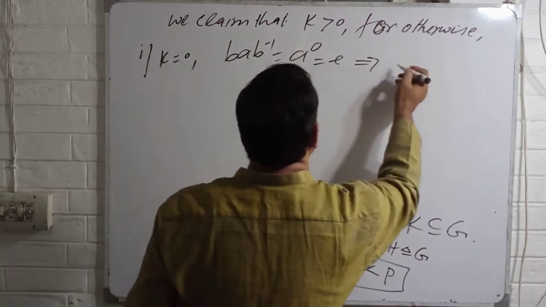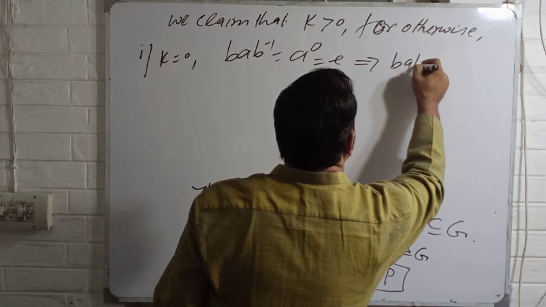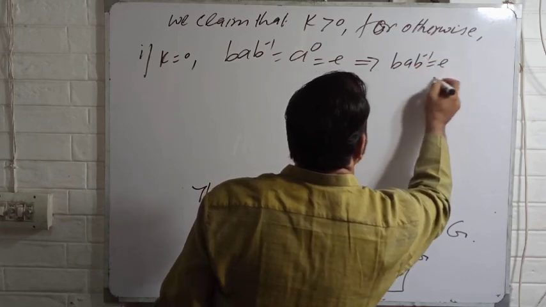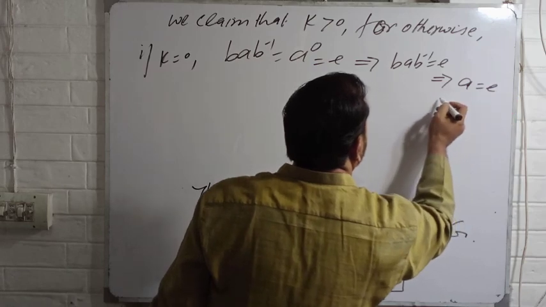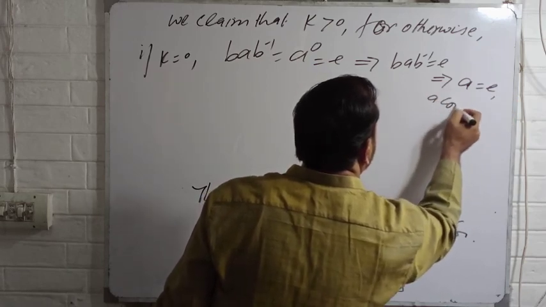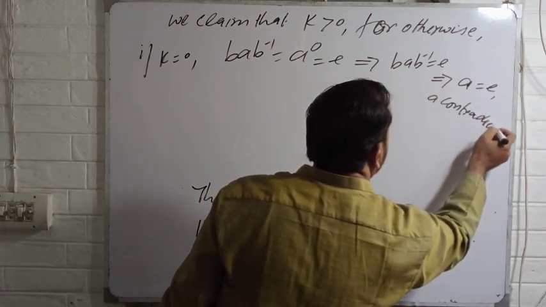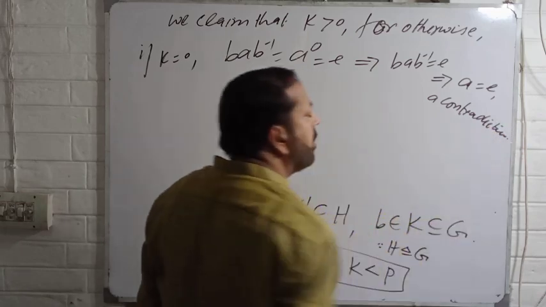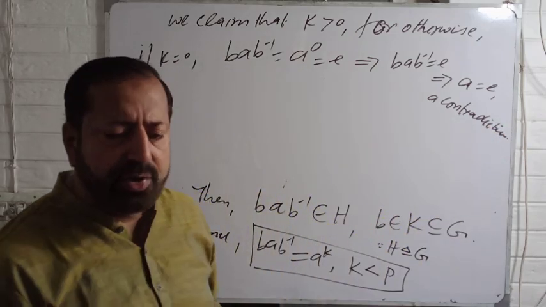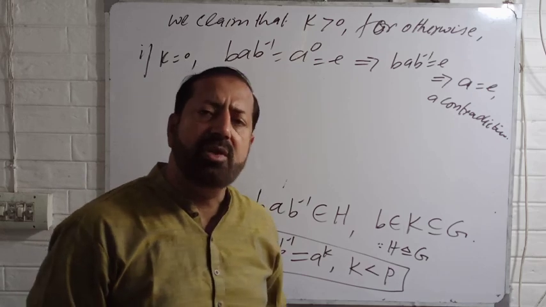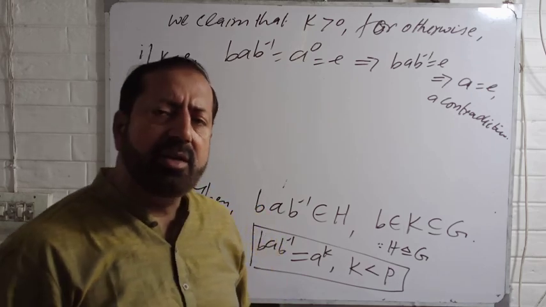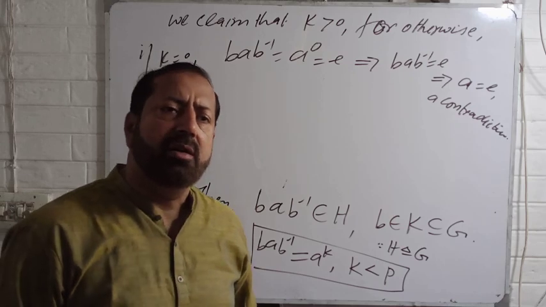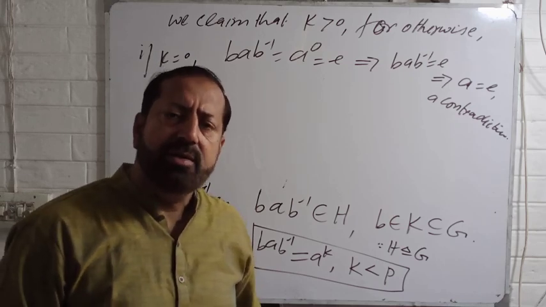So this implies B A B inverse is equal to E, so this implies A is equal to E, a contradiction. A was the generator of capital H, that's why A is not equal to E. You are taking a non-identity generator, because identity can generate itself only, right?